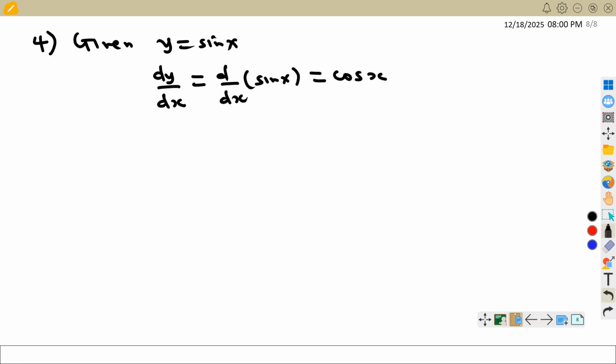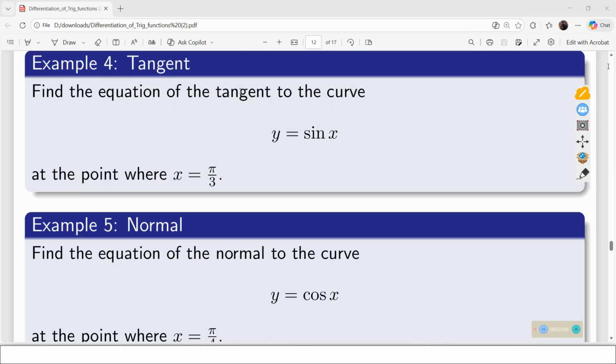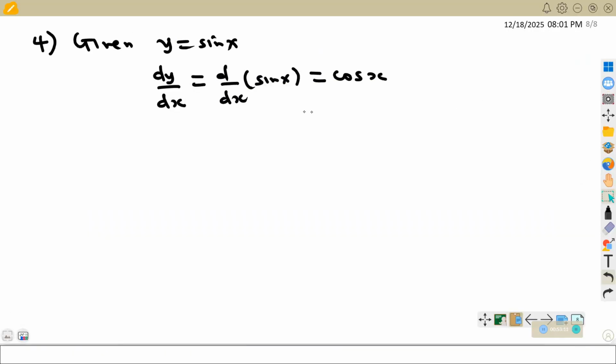But we need the equation of the tangent when y is equal to this, but at the point where x is pi by 3. So at that point, when x is pi by 3, what will be dy dx at that given point?